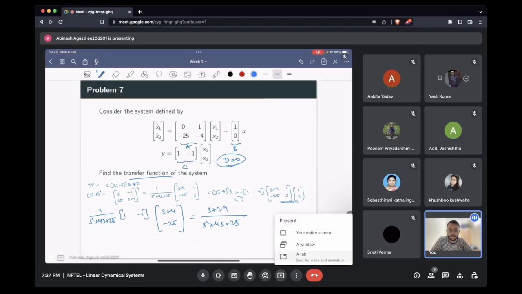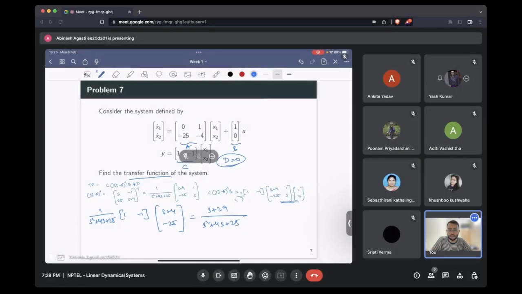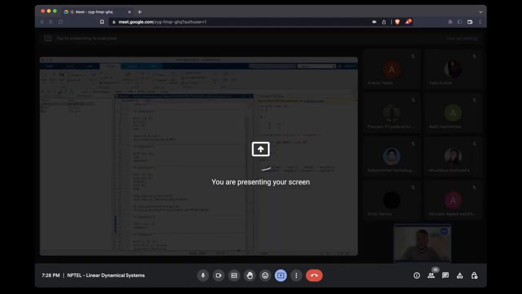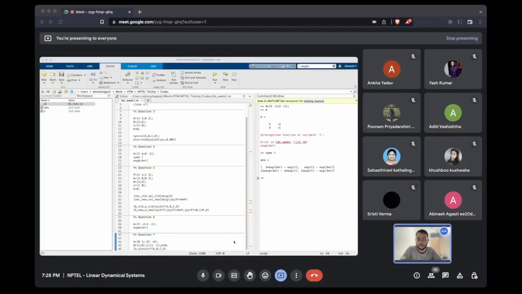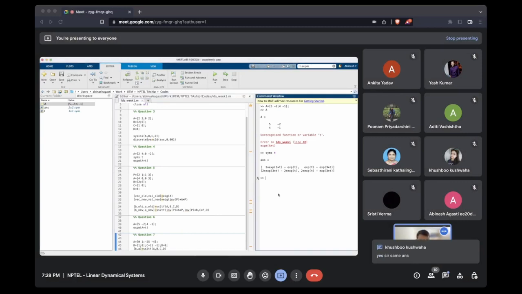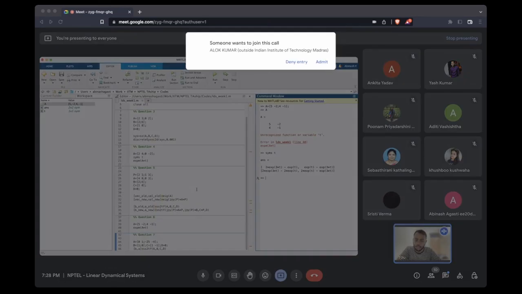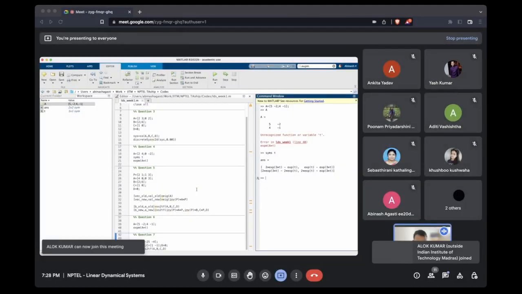Then again, let us just verify it using MATLAB. Is this visible? Yeah. So we have this A matrix 0, 1, minus 25, minus 4, B matrix 1, 0, C matrix 1, minus 1, and D is 0.